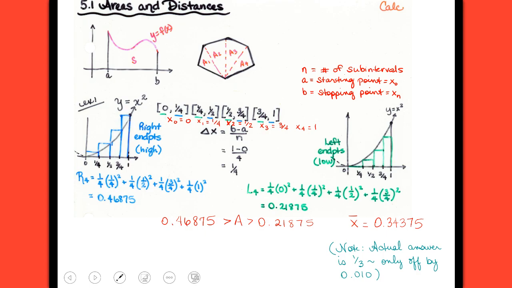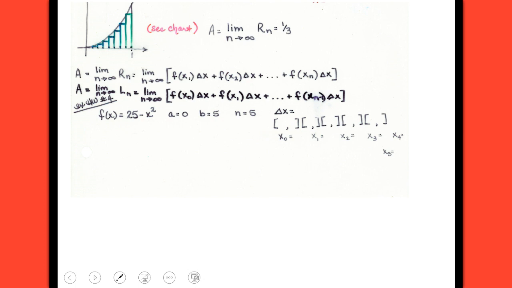Go back to the example that we did just a moment ago. When we approximated from the right-hand side, look at the values that we used. From the right-hand side, we don't start with x sub 0, right? Because that's the left-hand endpoint. We used x sub 1, x sub 2, x sub 3, and x sub 4. So we started with x sub 1, not x sub 0, and we went all the way to the last value, x sub n.